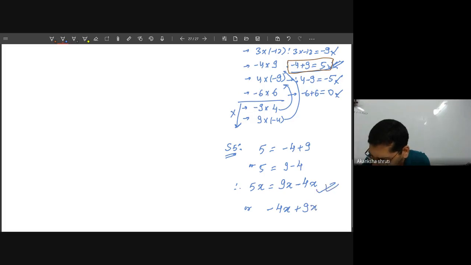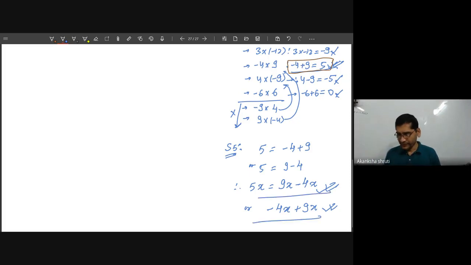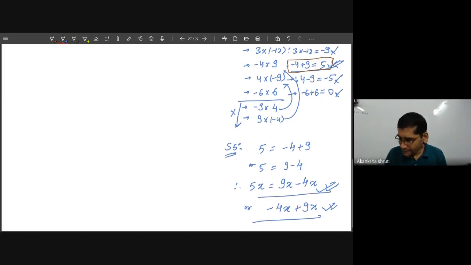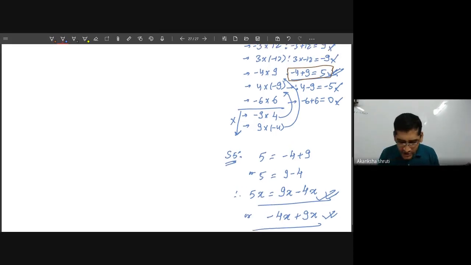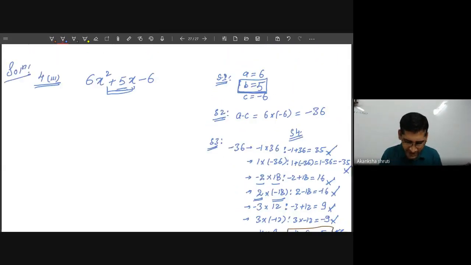Both mean the same and both are correct. You can write in either way. So go for replacing this. Whatever rough work we have done was just to split this middle term. Afterward you have to carry on this factorization: 6x square plus 5x minus 6.